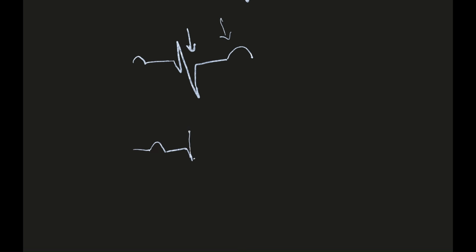If it is ST segment elevation, this is the T wave. Let's talk about T wave inversion a little later. But this is your ST segment. This is your baseline. It gets elevated.